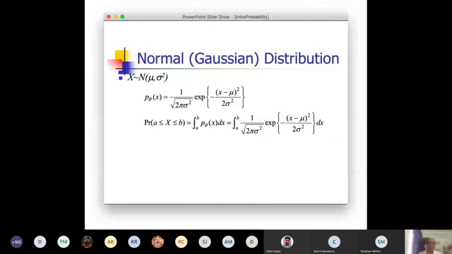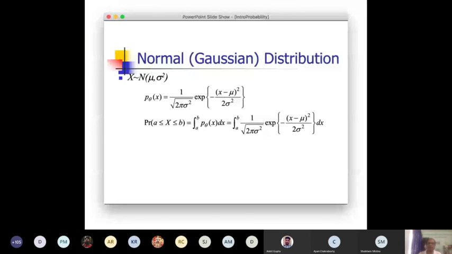So this is the expression of the probability density function of the Gaussian distribution, or normal distribution. And you see, what are the parameters in this case? There are two parameters in this distribution: one is mu, another one is sigma.